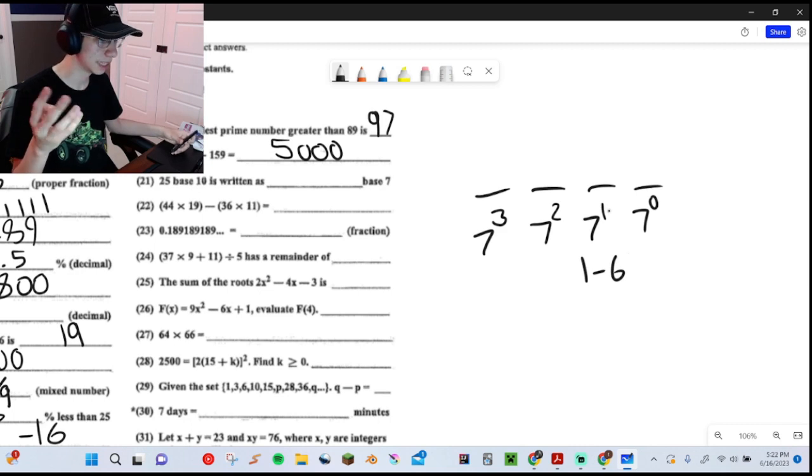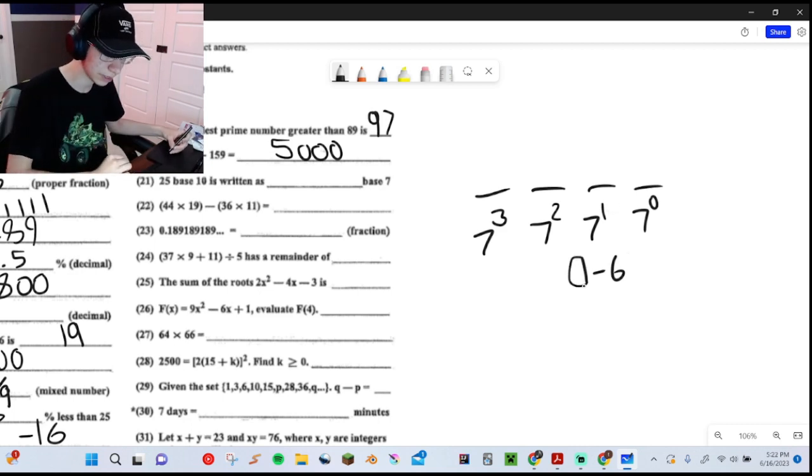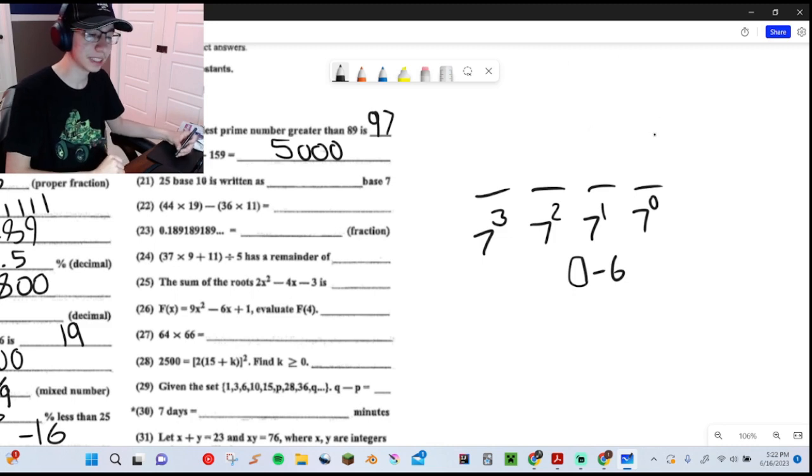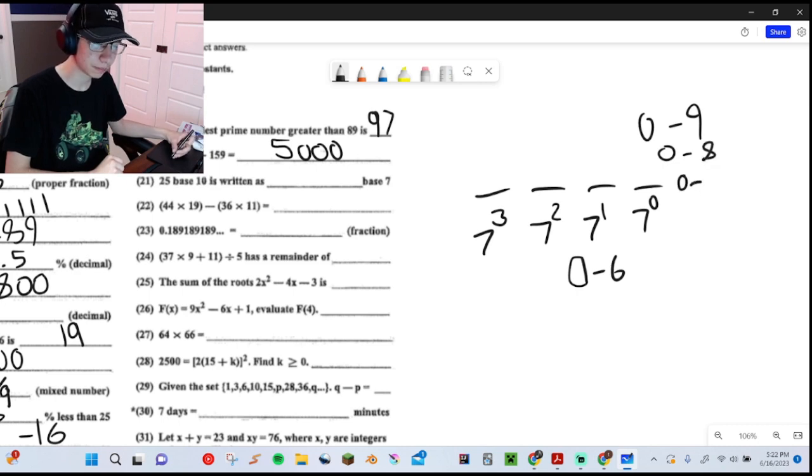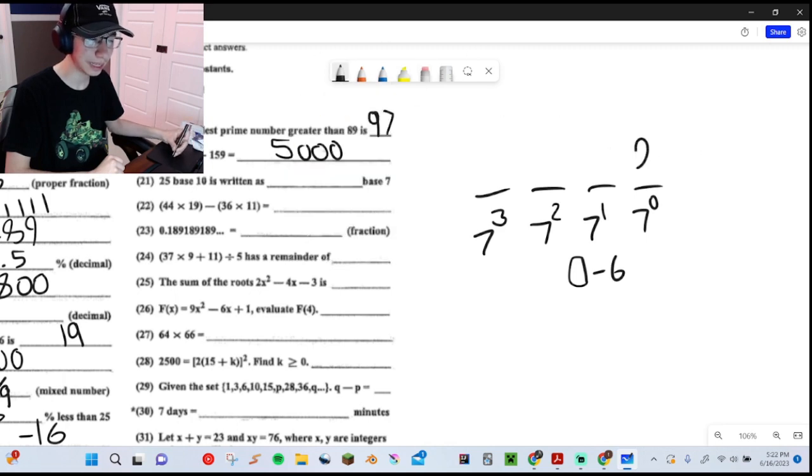So in base 10 we can only use 0 to 9. In base 9 we can only use 0 to 8. In base 8 we can only use 0 to 7. Base 7, 0 to 6. We can't write an 8 here because it would be greater.